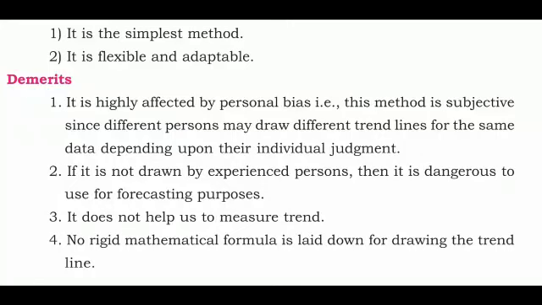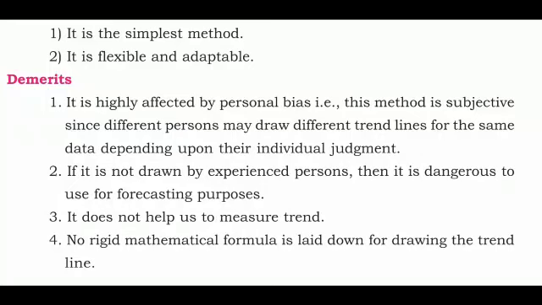So things will vary. The second demerit is that if it is not drawn by an experienced person, then it is dangerous to use for forecasting purposes. If the person is not expert in drawing this diagram, there will be personal opinions, it will be biased, you will be favoring certain things, so it is not good.